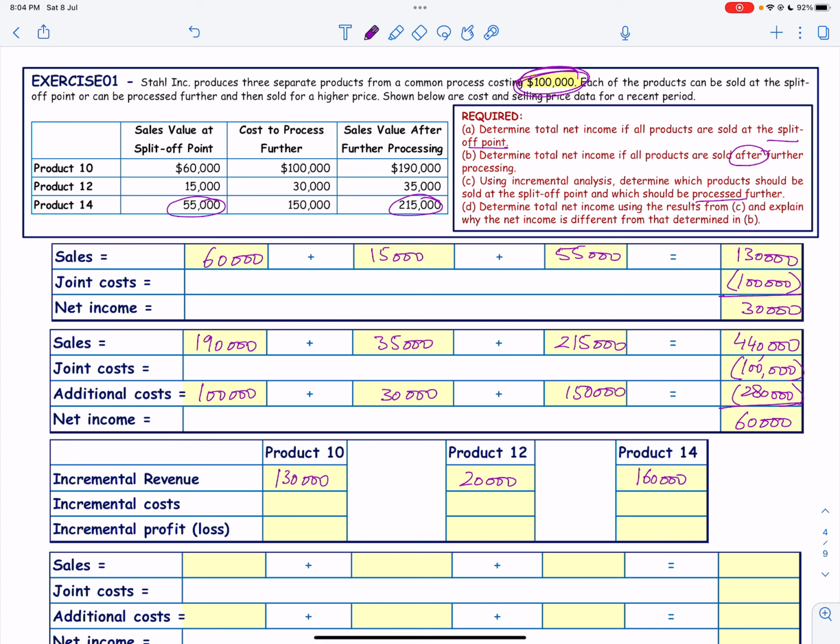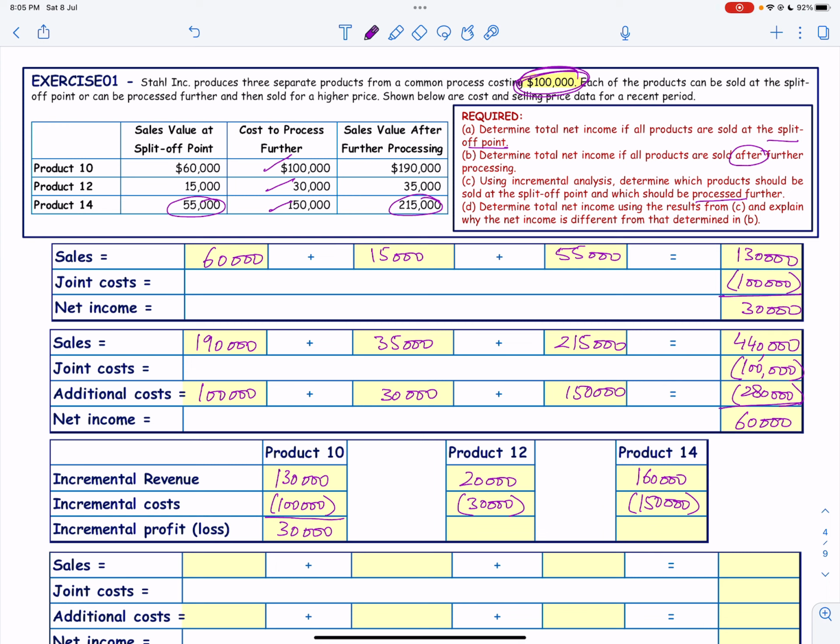Then we are going to look into the incremental cost, and the incremental costs are 100,000, 30,000 and 150,000. So the incremental profit or loss for product number 10 is an incremental profit of 30,000.